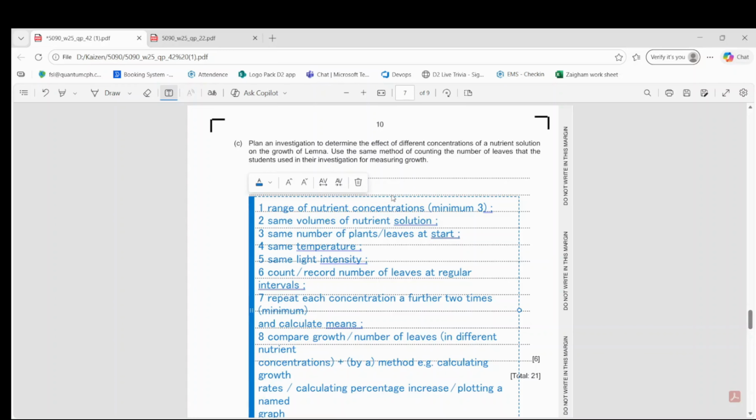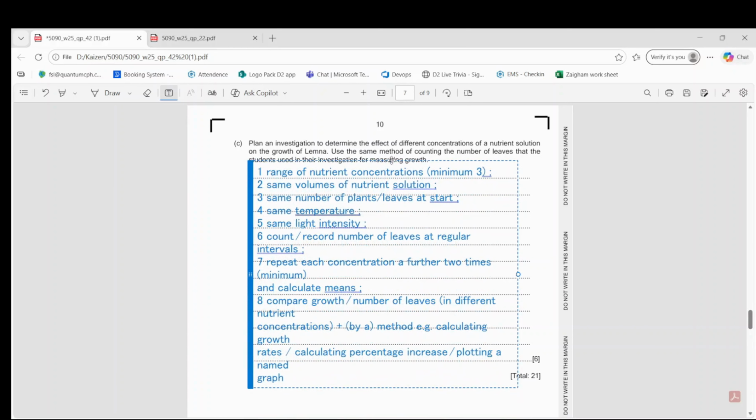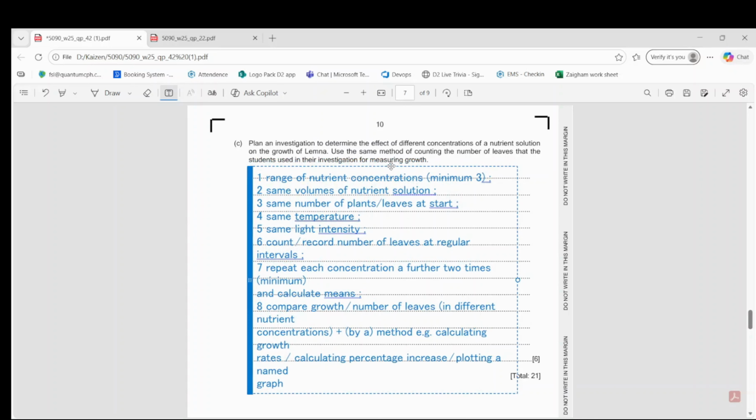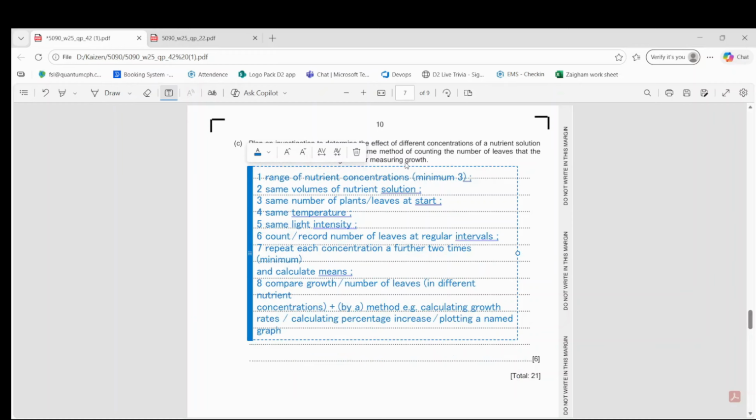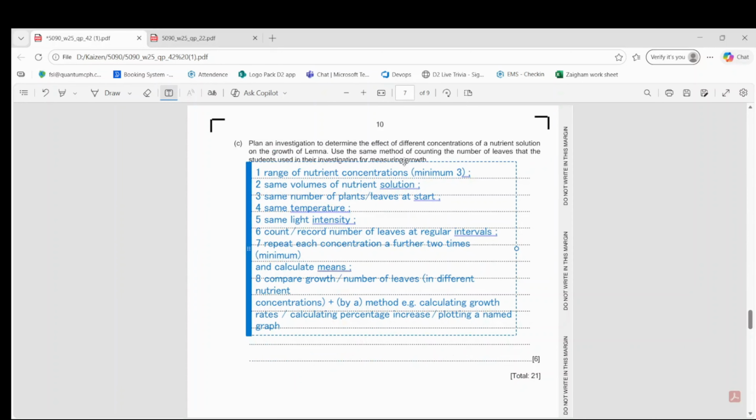Okay, so here what is our independent variable? The nutrient concentration, right? Then same volume of nutrient would be okay. Wait, listen to me. Independent is the nutrient concentration, dependent is the number of leaves. That we count later on.